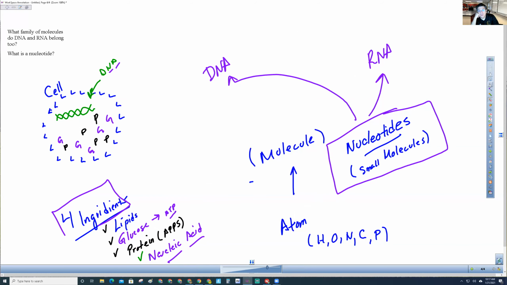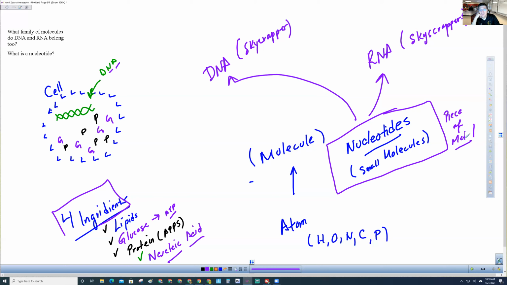So when I asked you what is a nucleotide, and you said it's DNA and RNA, that doesn't make sense. Think of these guys like skyscrapers. This guy's a skyscraper, this guy's a skyscraper, and then this is like one piece of metal. When I asked what's a piece of metal, you said a skyscraper.